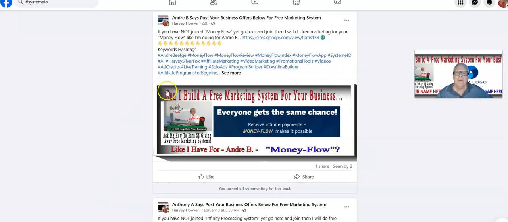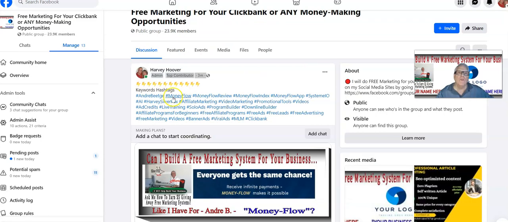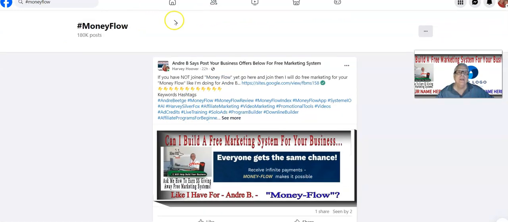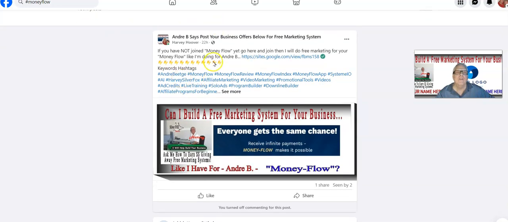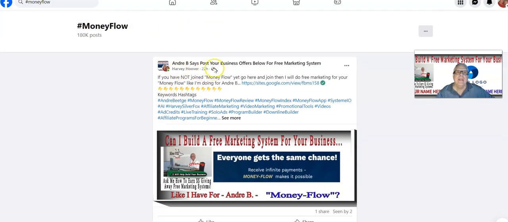In fact, here's the money flow. So if you right-click on the keyword money flow, it opens up. And those who happen to be looking for money flow on a Facebook search, there's 180,000 people looking for money flow right now. And they find yours, whatever it might be, and they go, okay, I'm going to check it out.